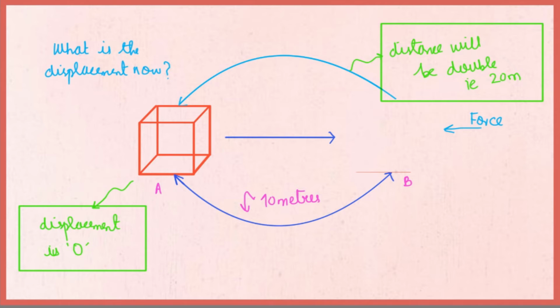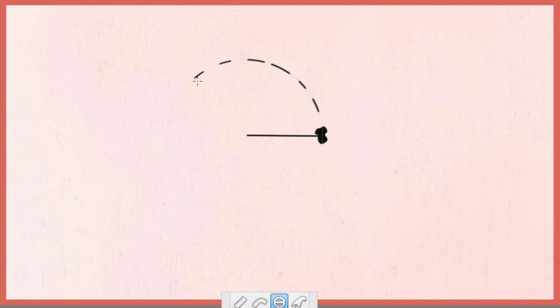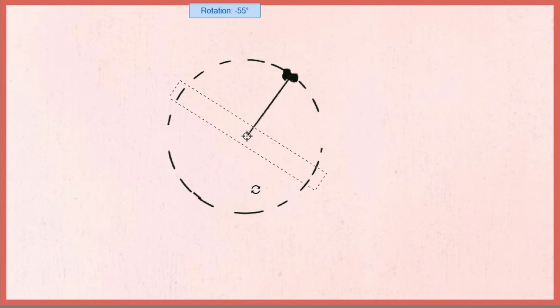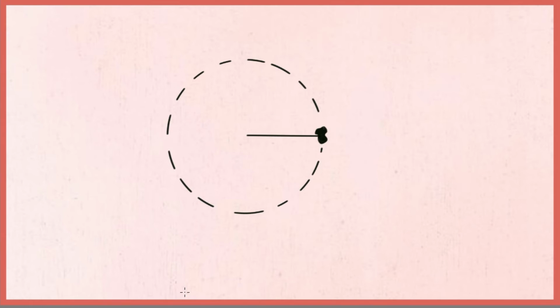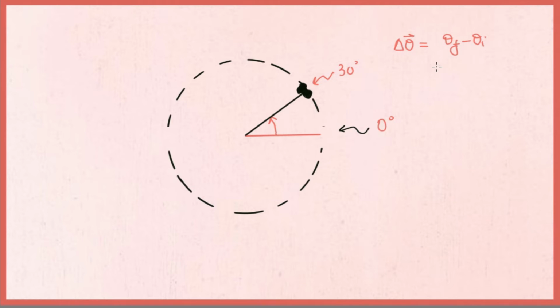With this point, we come to one of the most important mistakes people make when dealing with angular displacement. Let the stone undergo angular motion as discussed earlier. If initially it is at 0 degrees and moves to a position of 30 degrees in a circle, then the angular displacement is 30 degrees, where delta theta, which is the angular displacement, is equal to the final angle minus initial angle, that comes to 30 degrees.